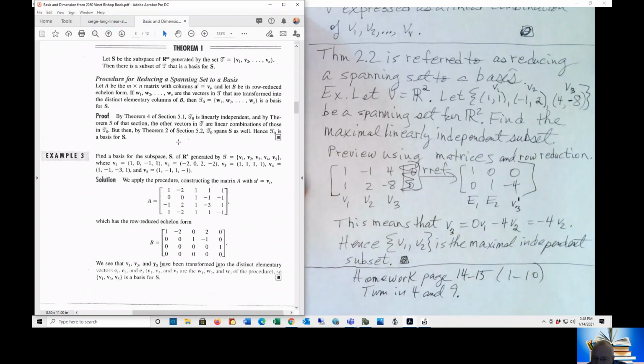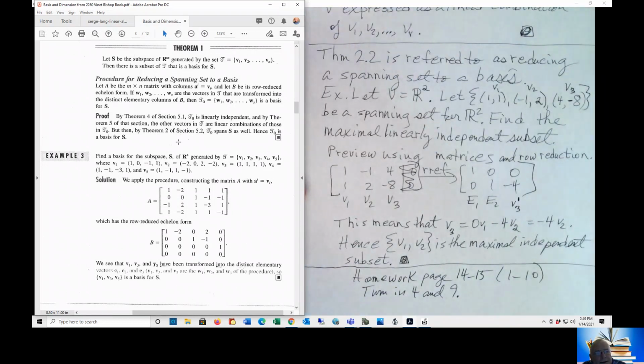Hence, from those three vectors, v1, v2, and v3, the first two, v1 and v2, is the maximal linearly independent subset. In other words, that reduces the set of three vectors that we gave to start with down to being a basis for, in this example, R2.